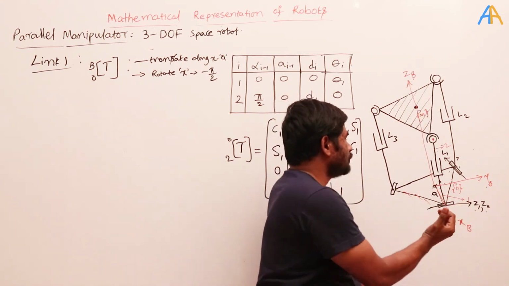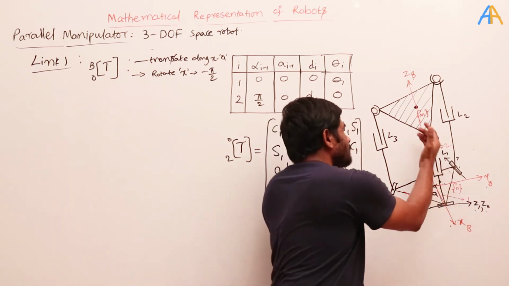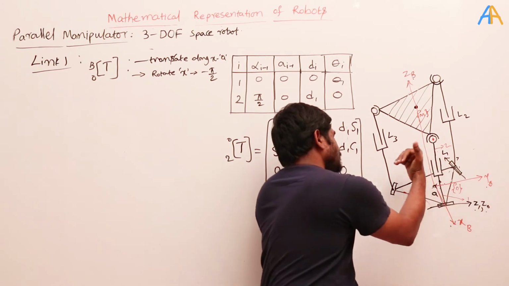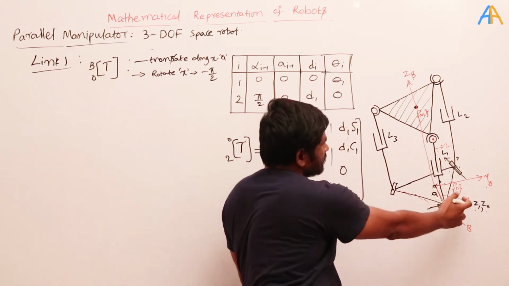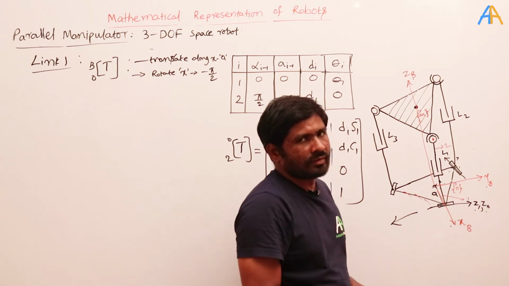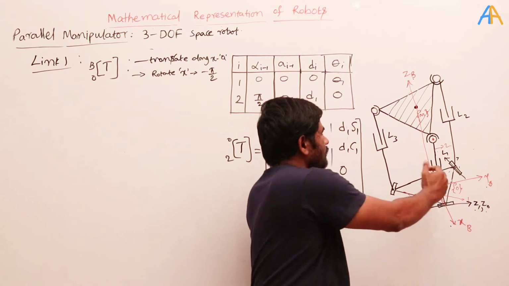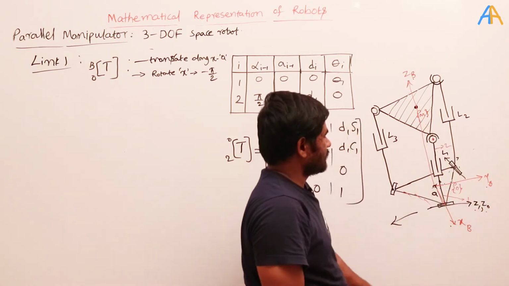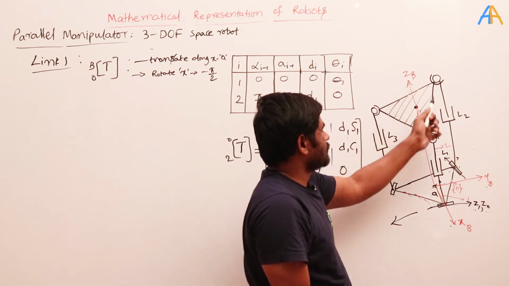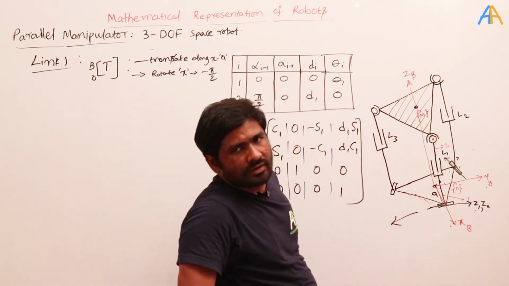So if I do a rotation about the x-axis by 90 degrees, the ZB will align in the opposite direction of the Z1 and Z0. That is why I am doing minus pi by 2. When I do minus pi by 2, instead of rotating in this direction, it will rotate in the opposite direction, so that the ZB will go and coincide with the Z1 and Z0.